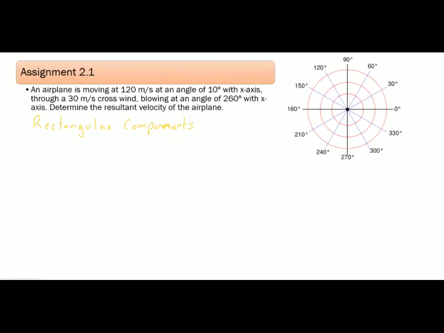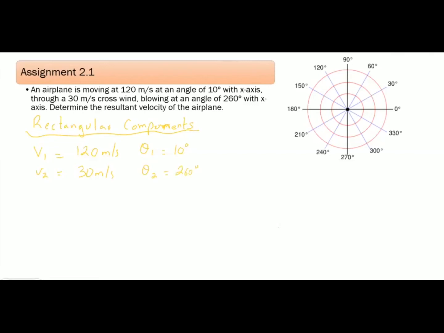We are given two vectors: the vector v1 equal to 120 meters per second making an angle of 10 degrees with the x-axis, while the velocity vector v2 is equal to 30 meters per second making an angle of 260 degrees.